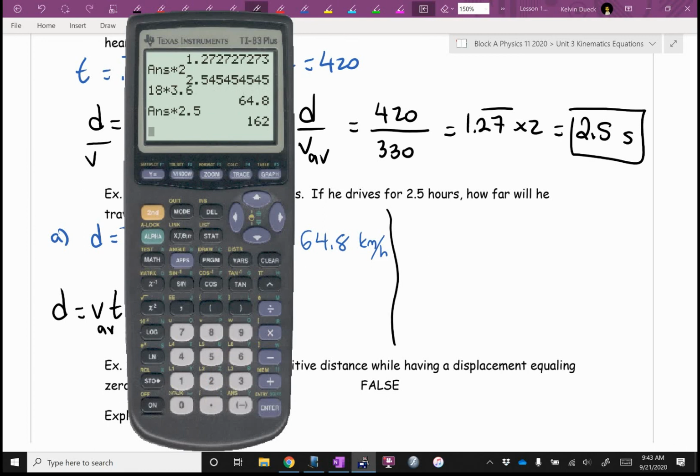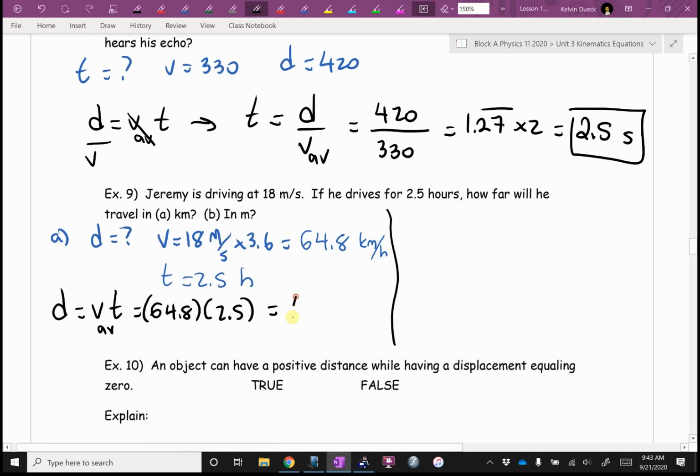162. Anybody else? Units? Kilometers per hour? For a distance? Just kilometers, right? How many meters is that? Have you guys figured out the shortcut to go from kilometers to meters? Times 1,000.